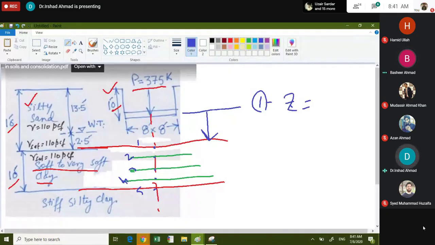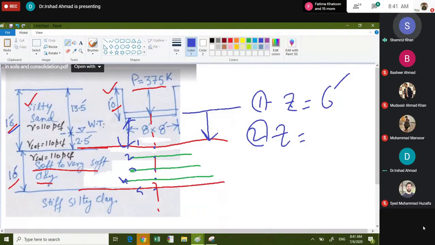It is 6 feet, 16 minus 10 is 6. For point number 2, Z is equal to 8.5.